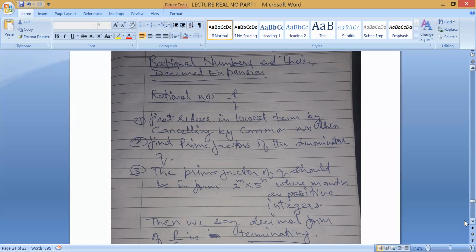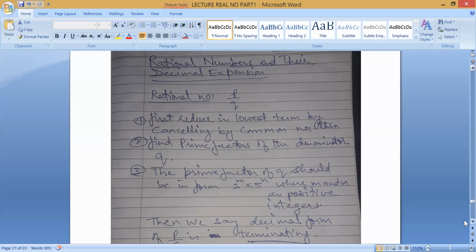So here a rational number p upon q is given and you have to show whether the decimal expansion is terminating or not. So first of all, one example, what three steps you have to see in the question.